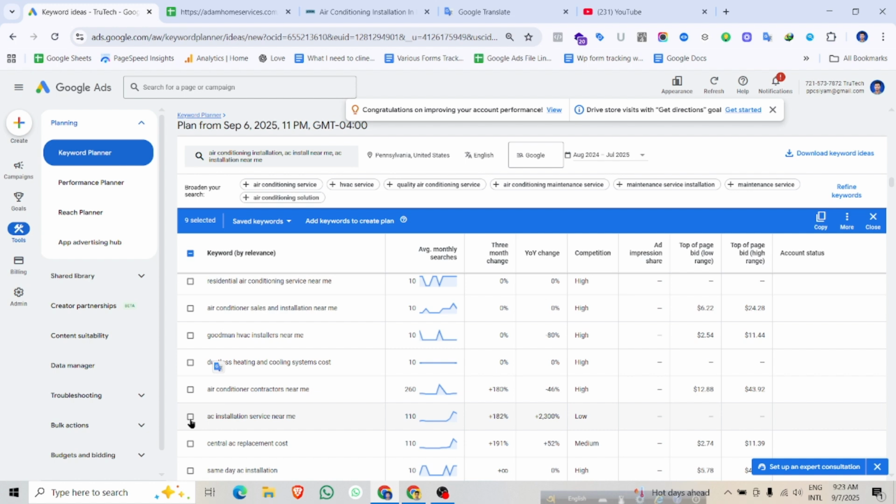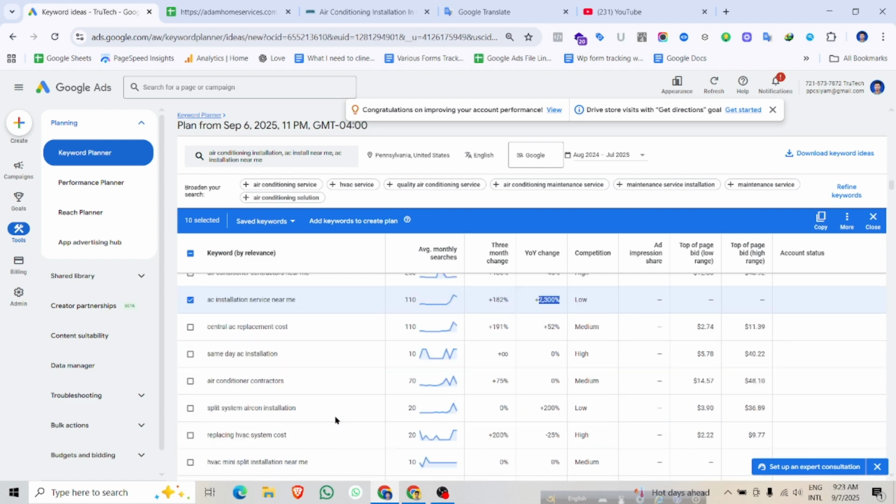AC installation service near me, the intent is so high. Same day AC installation, their intent is even higher, same day. This type of keyword you can add to your call campaign or PPC campaign.